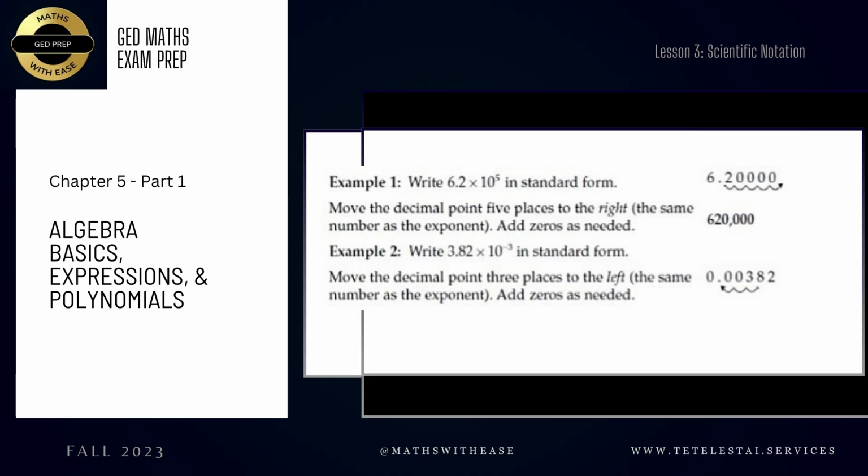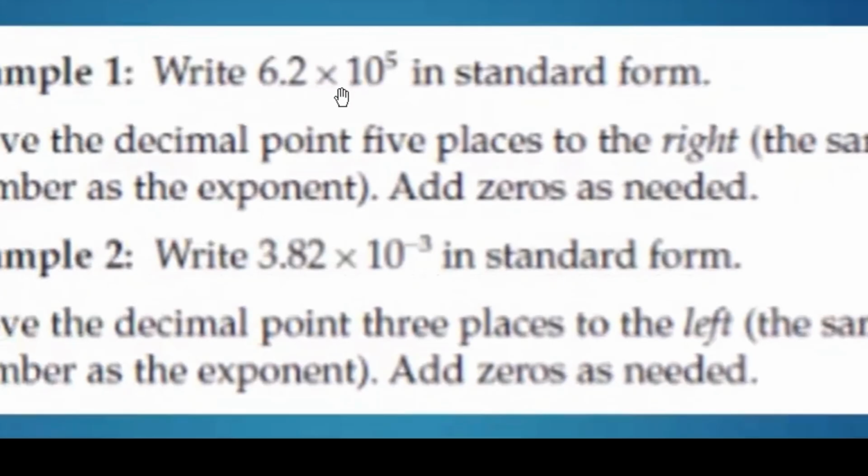In this example, you're being asked to write 6.2 times 10 to the power of 5 in standard form, so basically as a regular number. That's what standard form means. Without using our calculator, we look at our power of 10, which is 5. Since we're raising to the power of 5, the number will have 5 decimal places.